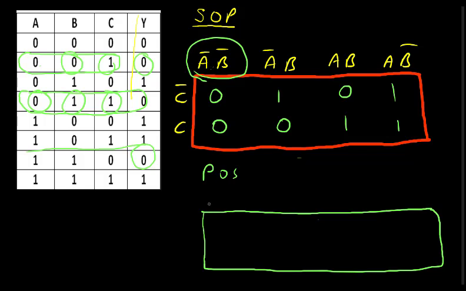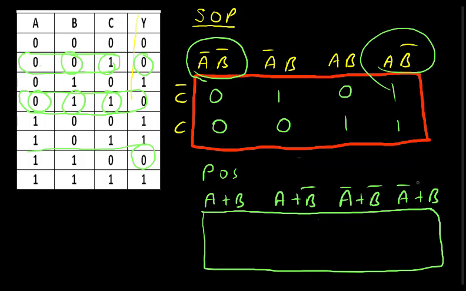Here we have A or B. A bar becomes A, dot becomes plus, and B becomes B bar. So here A plus B bar, and here A bar plus B bar, and this is A bar plus B.